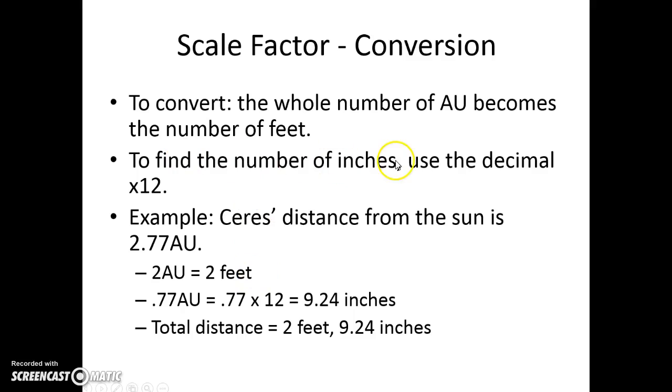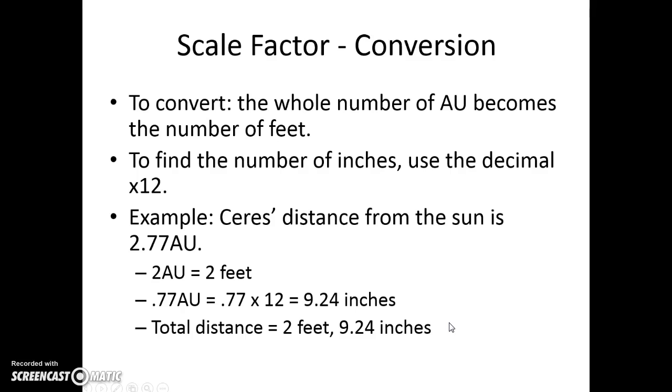Okay, but to find the number of inches, you need to use the decimal of the AU times 12 inches. So Ceres has 0.77 AU. That's going to be 0.77 times 12, gives us 9.24 inches. So on your scale model, if you were including Ceres, which you won't be, the total distance would be 2 feet, 9.24 inches.